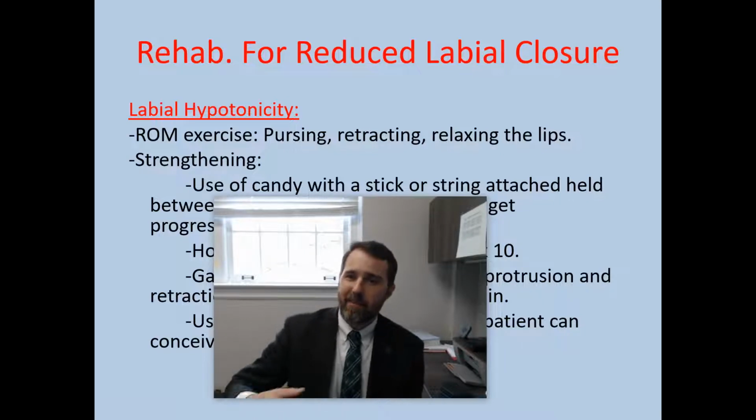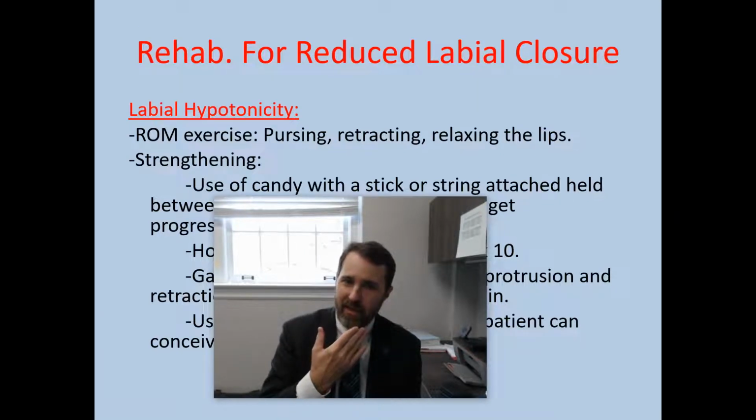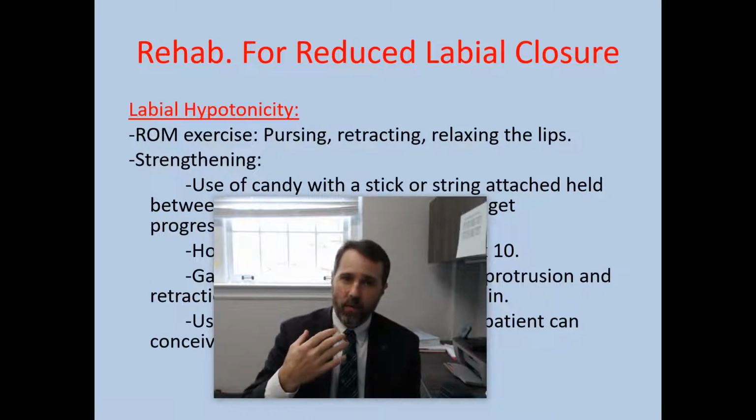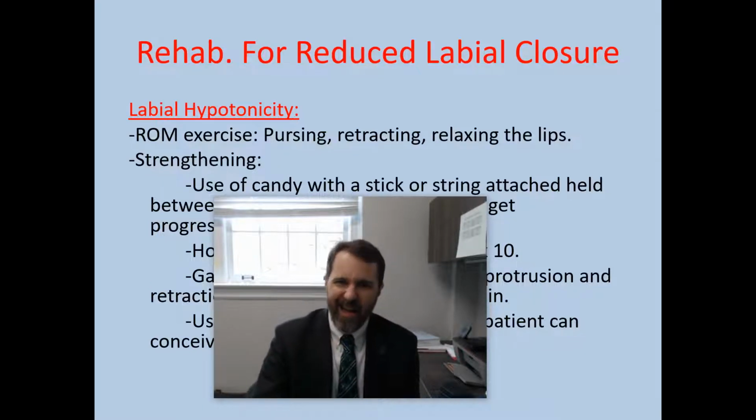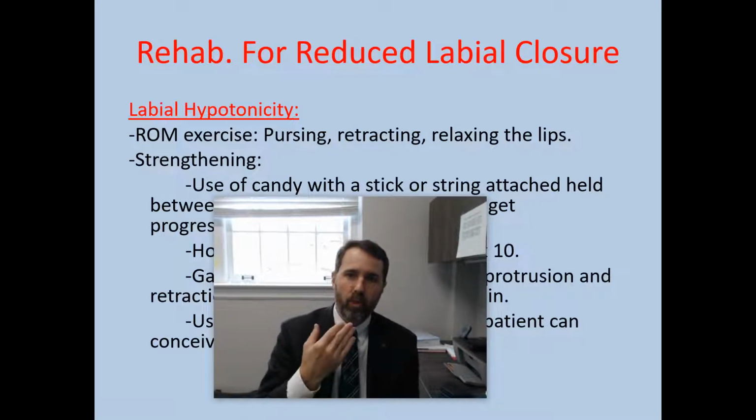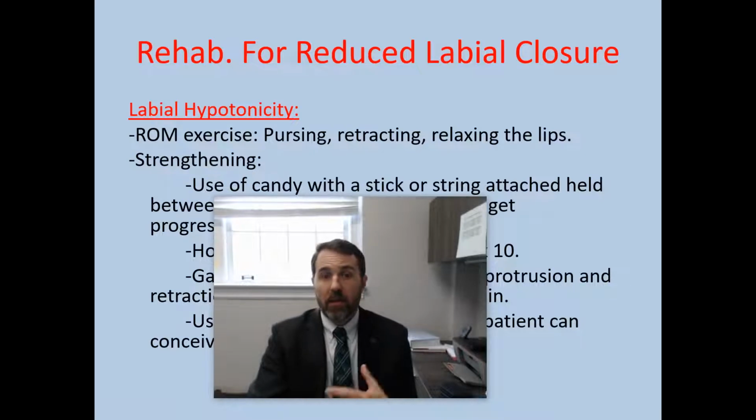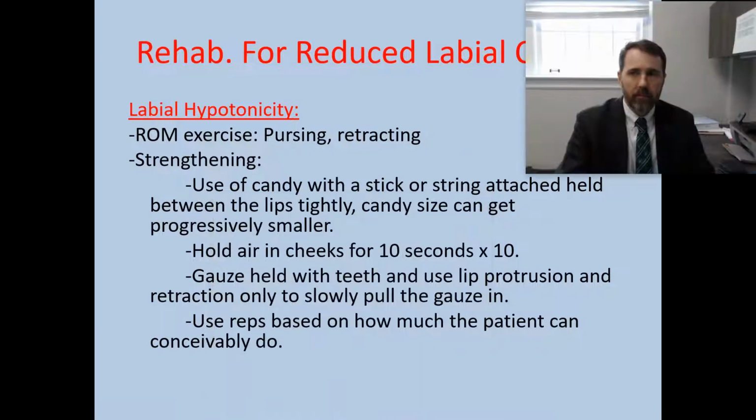So it's not about passive stretching exercises to relax the lips. It is about range of motion strengthening active exercises. So having the client pucker and smile. Also having the patient lateralize their lips one way or the other.